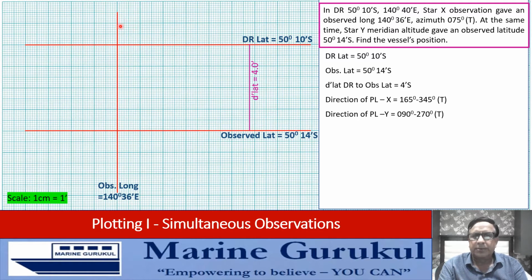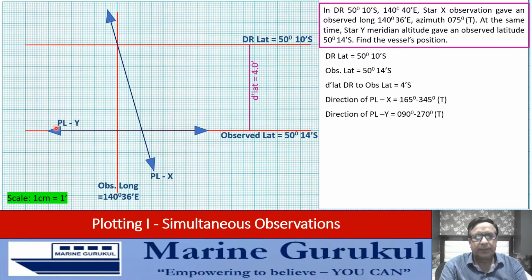It's drawn out here. Now we all know that for star X, the PL shall be drawn through DR lat and observed long, that is this point, and direction as already calculated as 165 to 345. So we have this PL for star X coming up here, passing through this point. PL for star Y is going to coincide with the observed parallel of latitude.